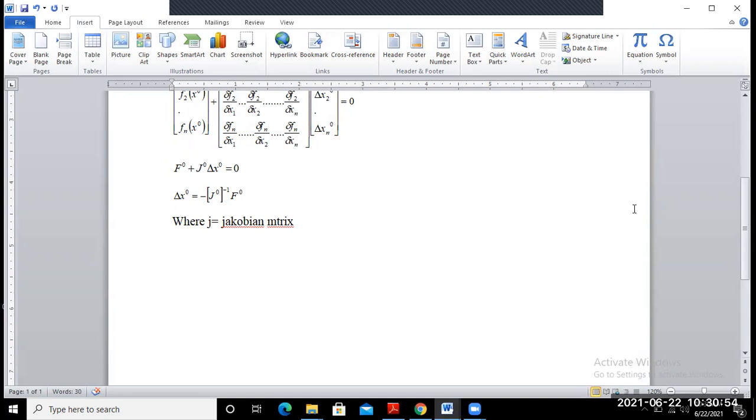Your initial guess value is x0, and you already found del x0, that means the correction factor. So if you add this correction factor to the initial or guess value, you get the first iteration value x1 equal to x to the power 0 plus del x to the power 0.